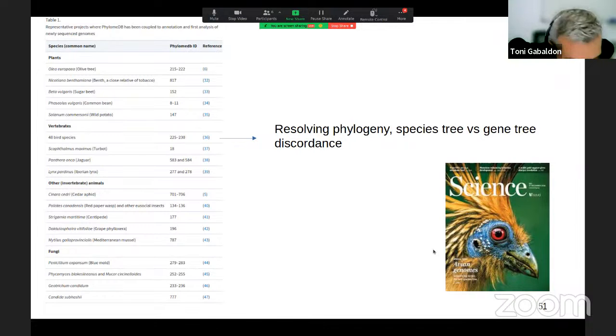Since then, we have been collaborating in many other projects. One big one was this large-scale project with 48 bird species. And there, one of the main questions was resolving the phylogeny, and we were also looking into the differences between species trees and gene tree discordance in the diversification of the birds.